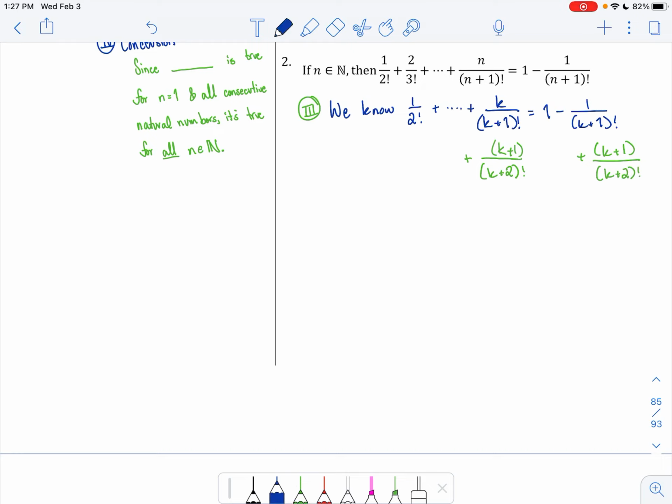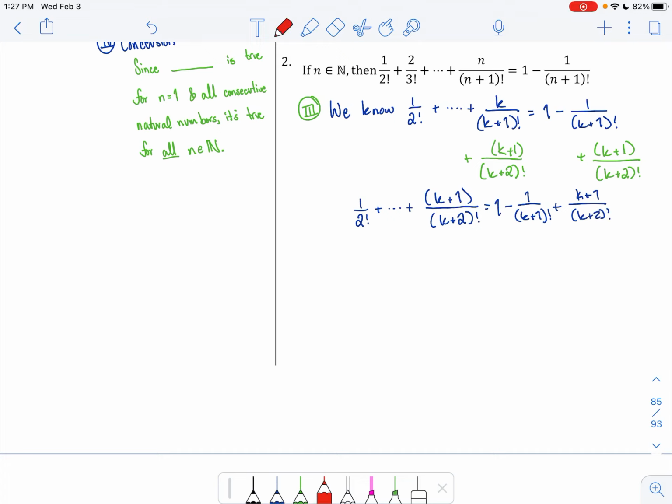So now the summation side is exactly what we want, and this is what you're going to be using for a lot of the problem sets. So now you have the k plus 1 side of the summation, and on the other side we currently have 1 minus 1 over k plus 1 factorial plus k plus 1 over k plus 2 factorial.